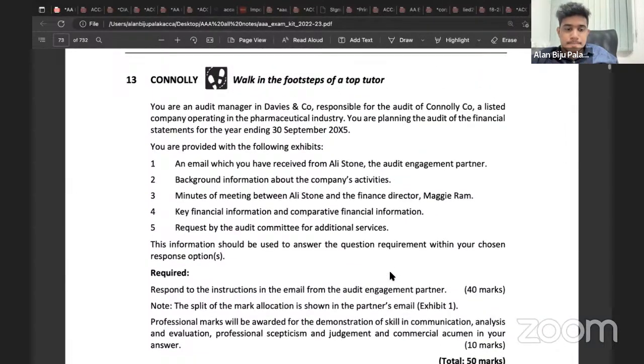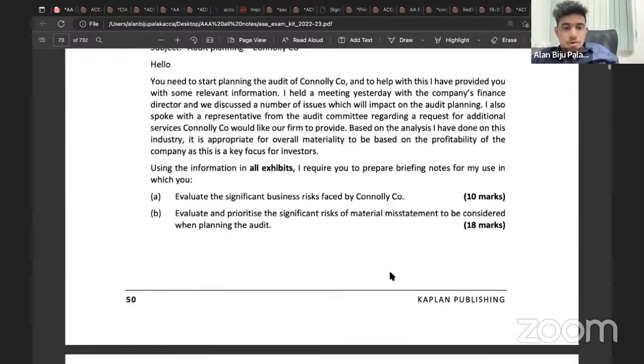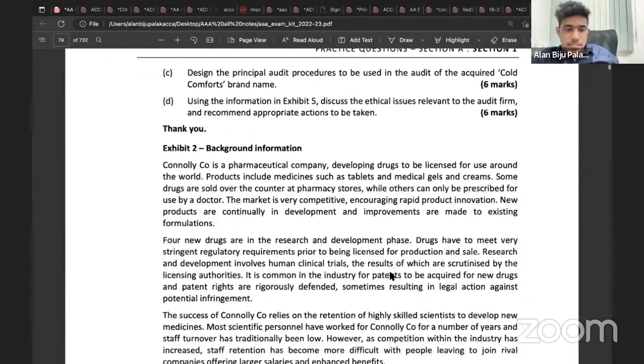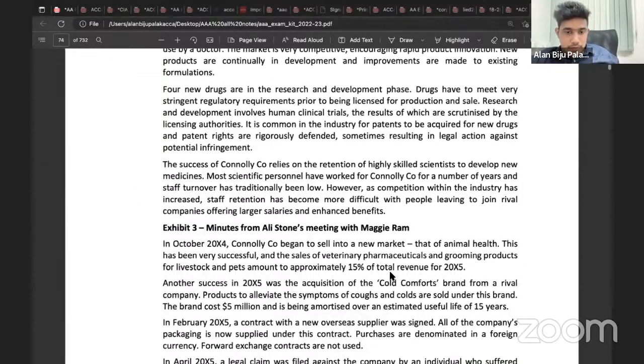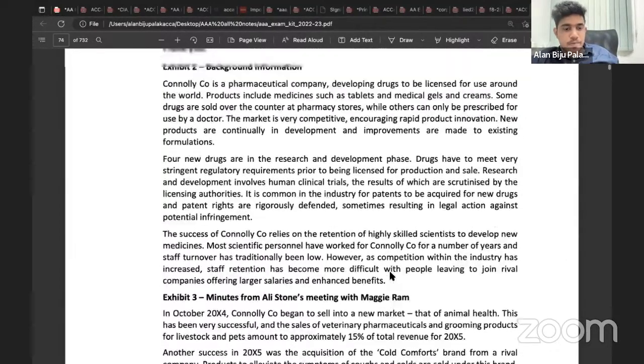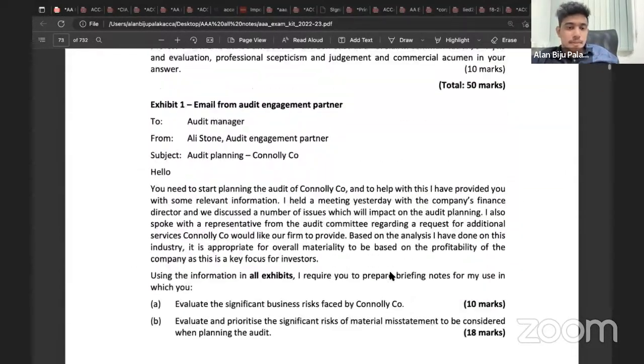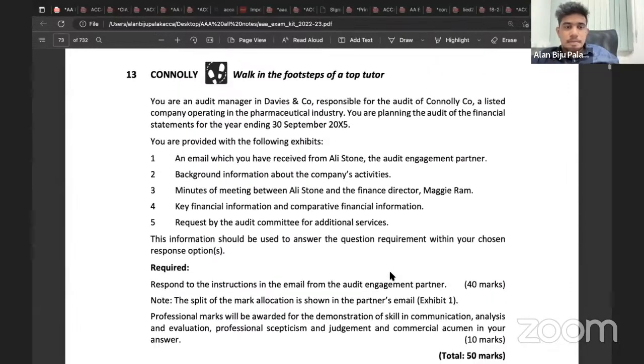So let's do one thing. Let's just go through the scenario first. Everyone, please start reading the introductory paragraph. Please go through the introductory paragraph now. Okay, Connolly, please read the introductory paragraph aloud.